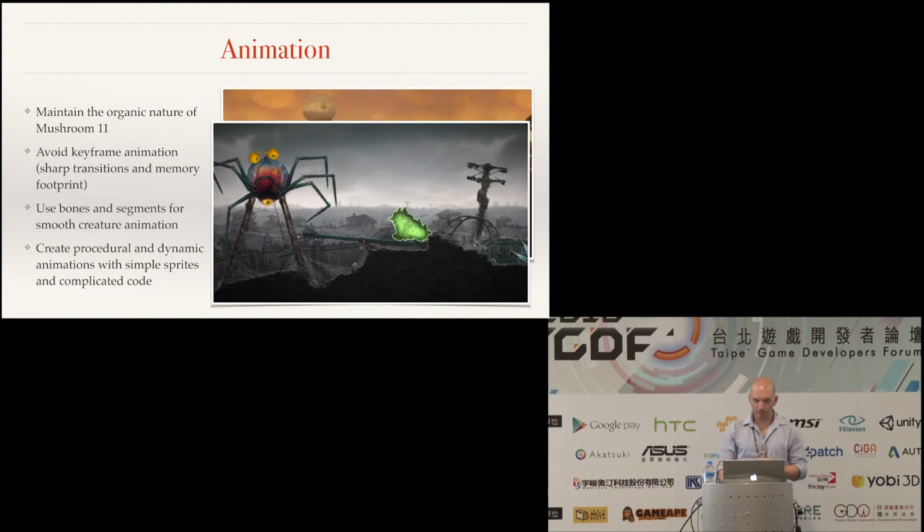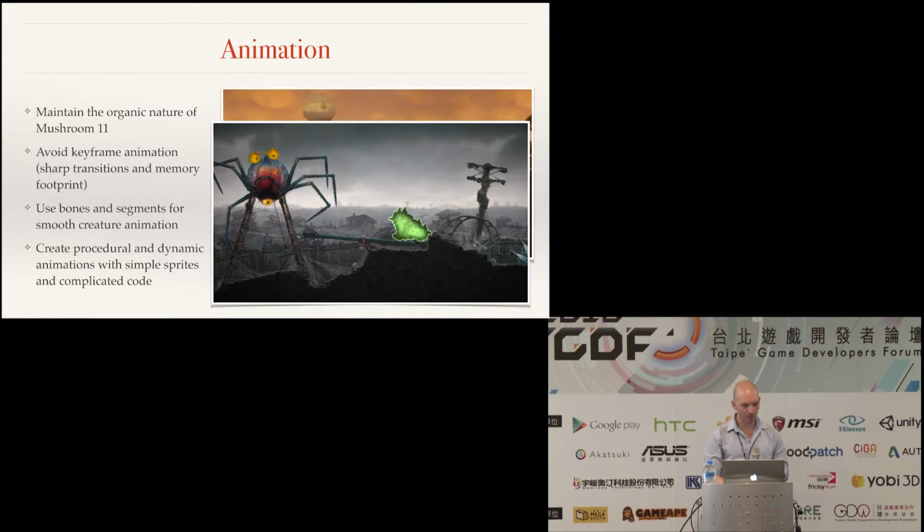All right, let's talk about animation a little bit. The idea was to maintain the organic nature of Mushroom 11. A decision that I made very early on is to avoid keyframe animation and always favor dynamic animation, because keyframe has its own price.